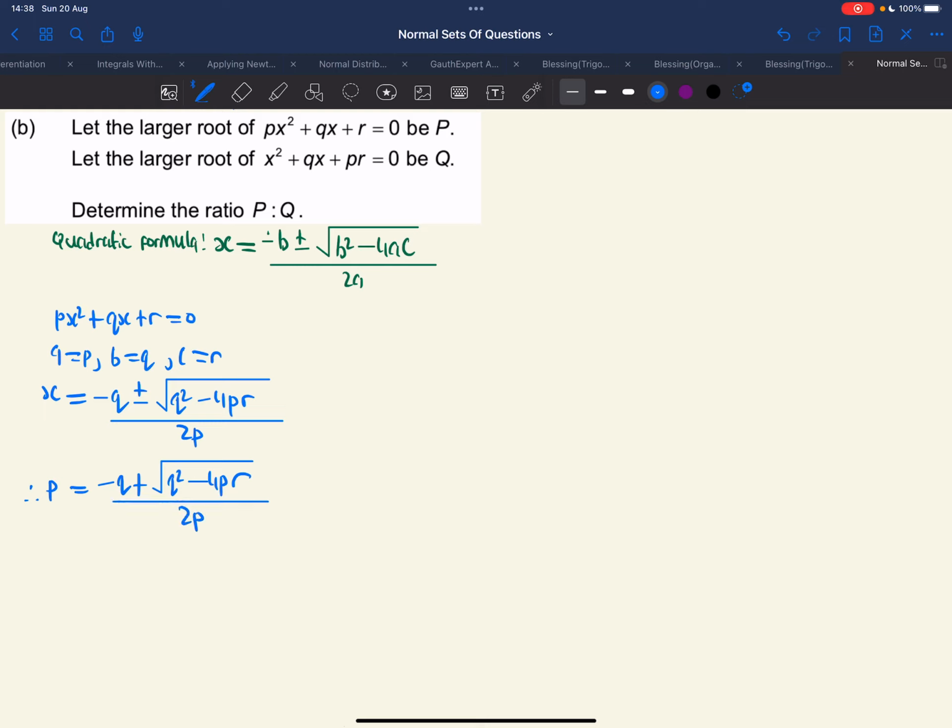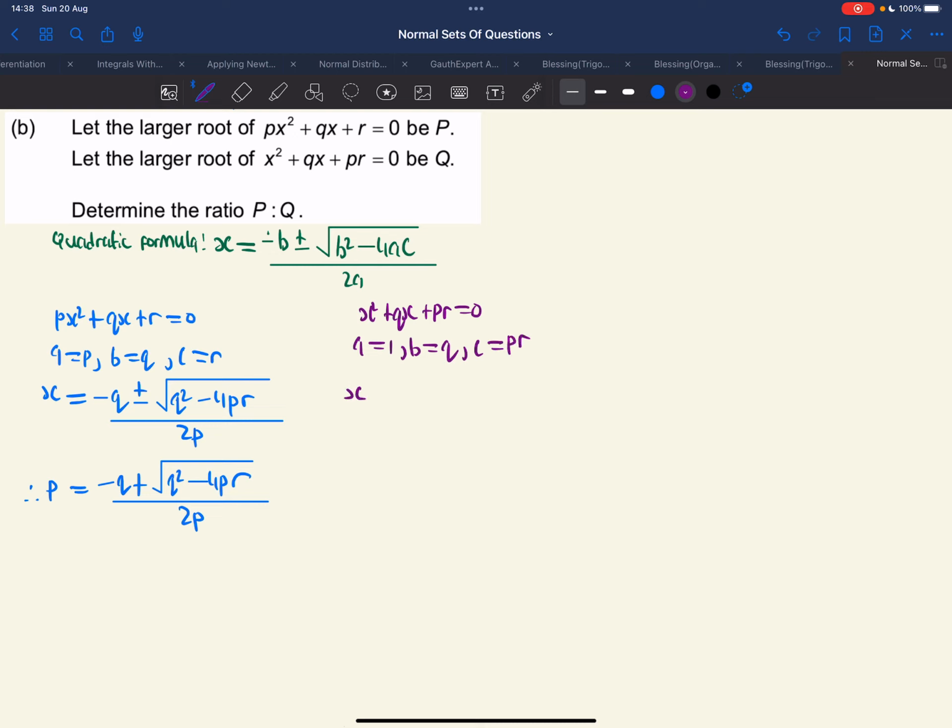Right, now the second one I'm going to make in the color purple. So x squared plus qx plus pr equals 0. Our a is 1, our b is q, and our c is equal to pr.